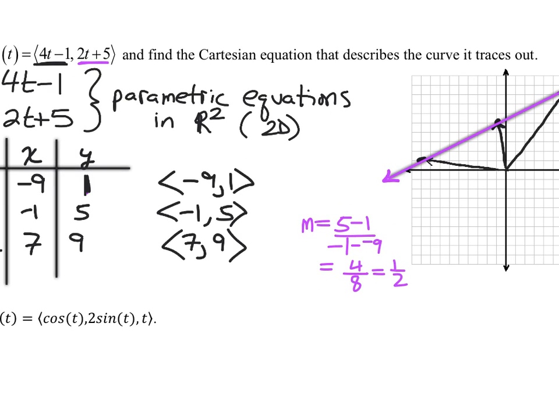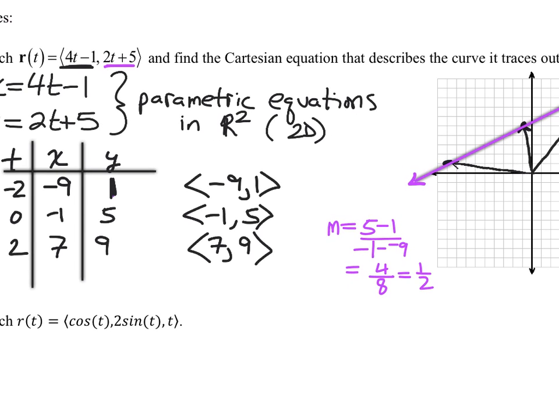And then just choose a coordinate, doesn't matter which one. I'll take this one, and put it into my point slope form of a linear function. Y equals m times x minus x sub 1 plus y sub 1.